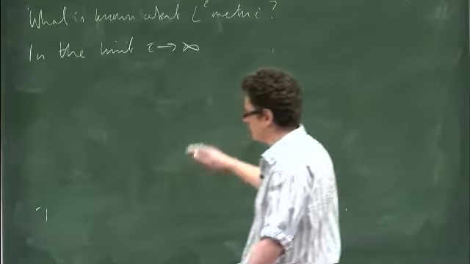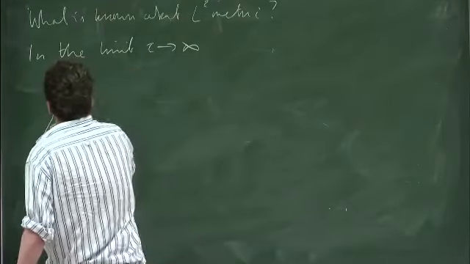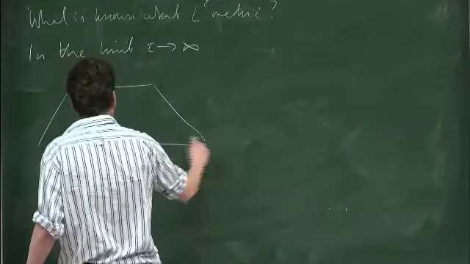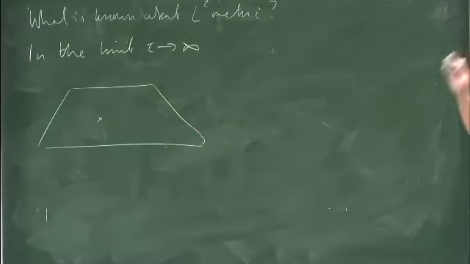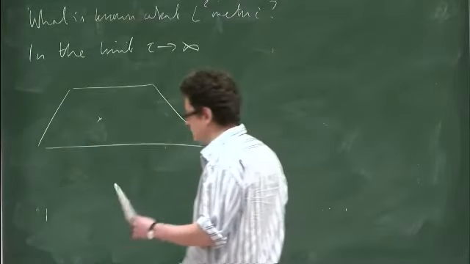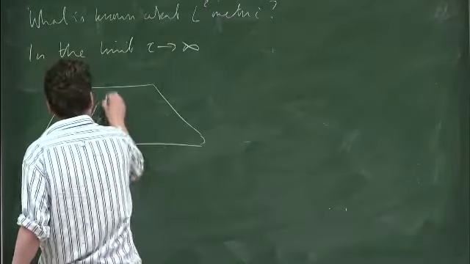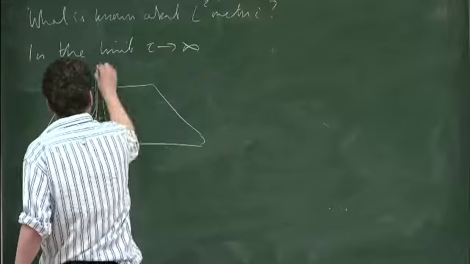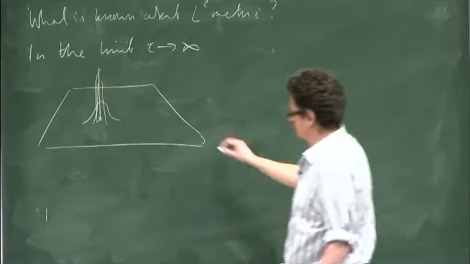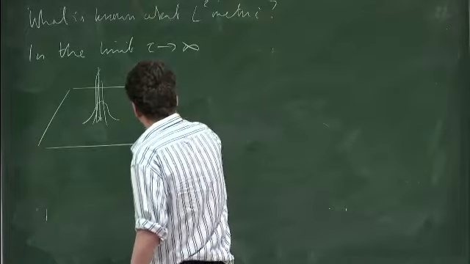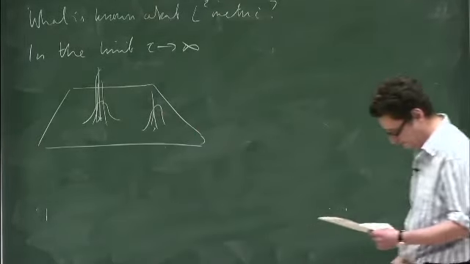If you fix the zeros of your n-vortex and just consider the one parameter family of models where tau goes off to infinity, what happens? Well, their total energy diverges and they shrink. They become point-like objects.